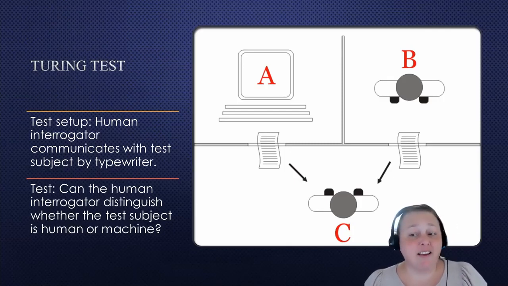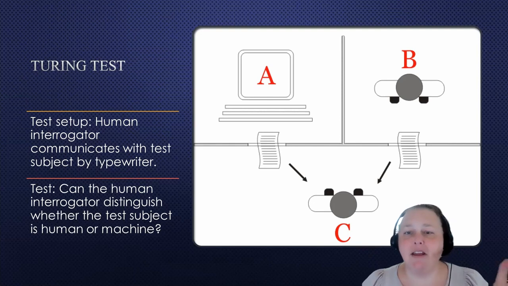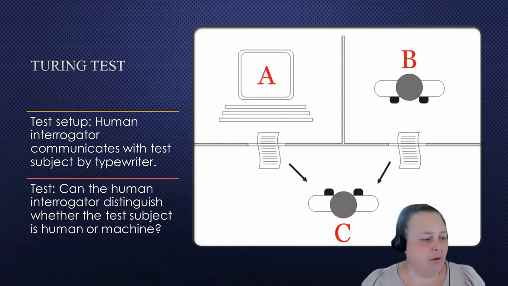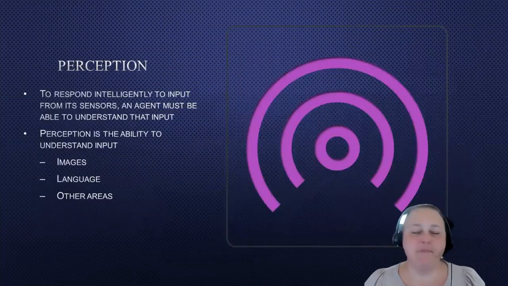So now that we understand this, let's go back to those two agent attributes we talked about earlier, the imaging and the goal setting. Now, in order for artificial intelligence to respond in an intelligent way to any type of input, it would help if I move the slide. There we go, sorry.